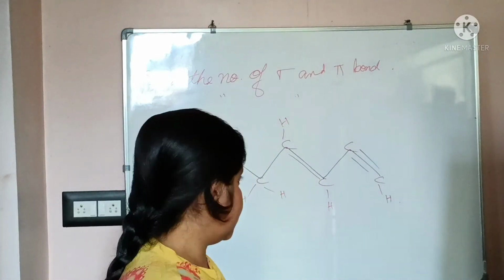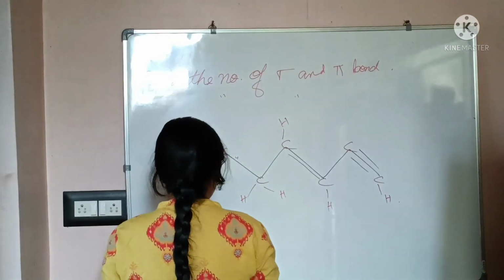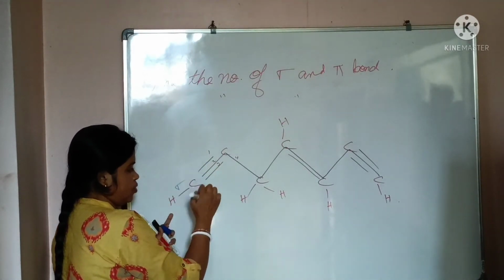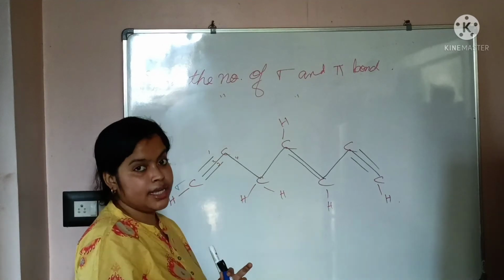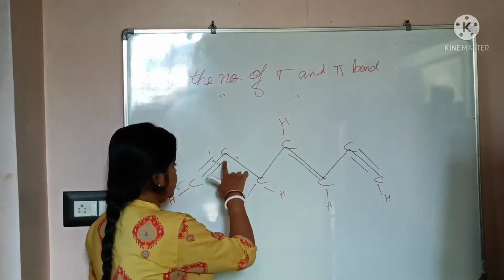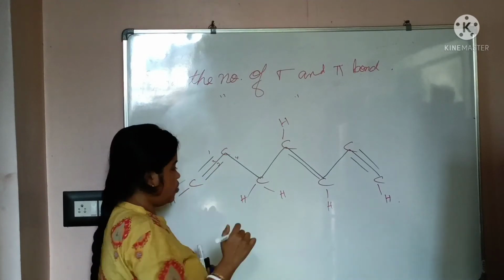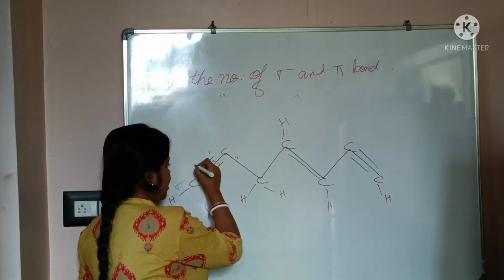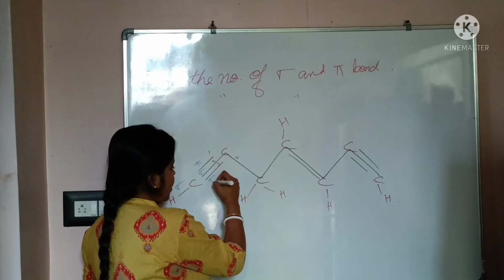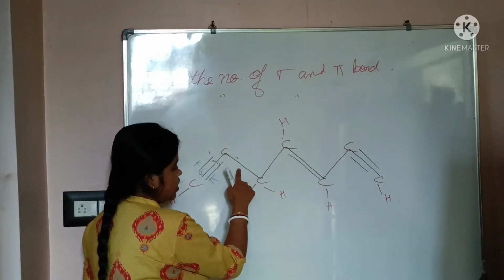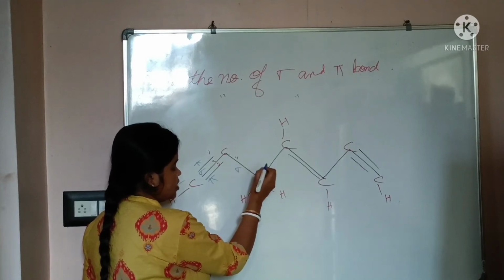So now you see the number of sigma bonds. This carbon forms with this hydrogen 1 sigma bond because this is a single bond. Okay. This carbon and this carbon form here 1 sigma bond and the other 2 bonds are pi. Okay. This carbon and this carbon form a single bond, so it is a sigma bond.